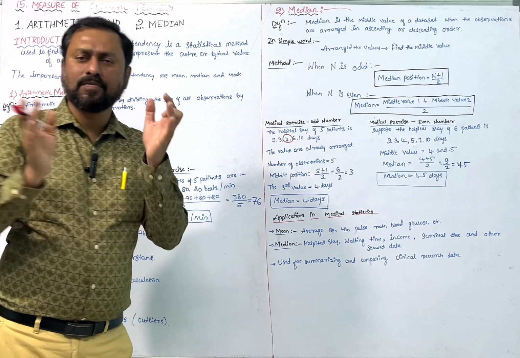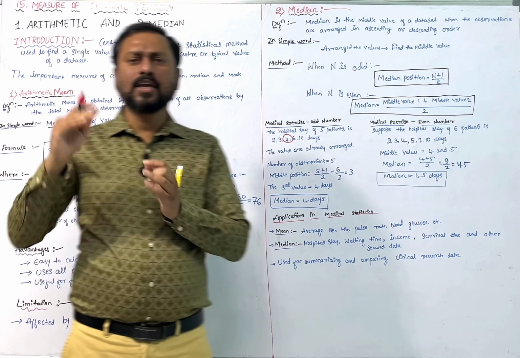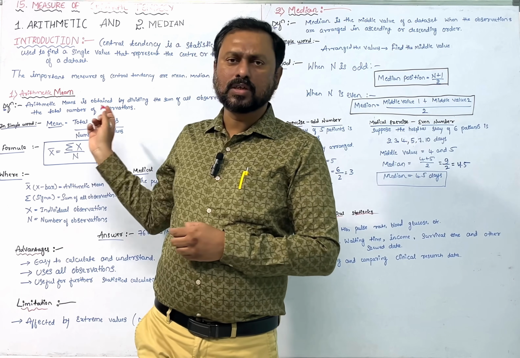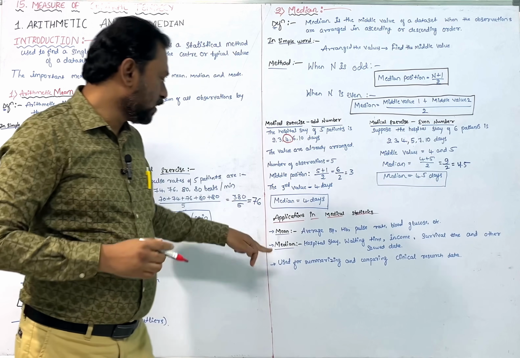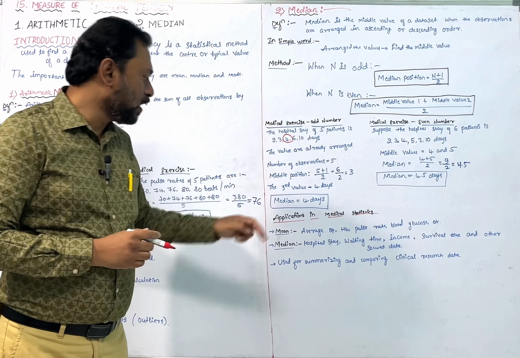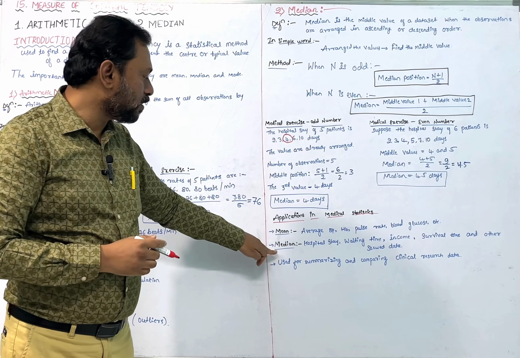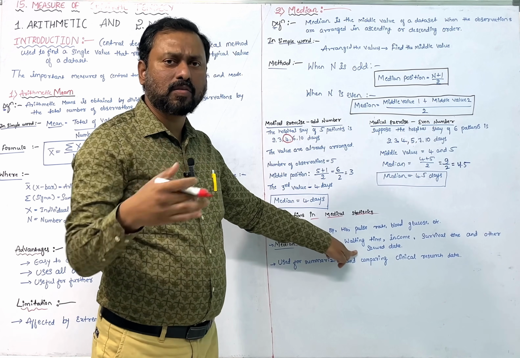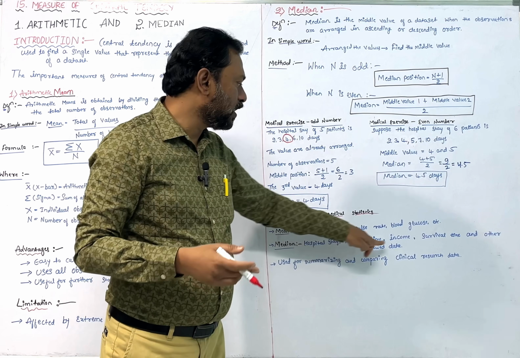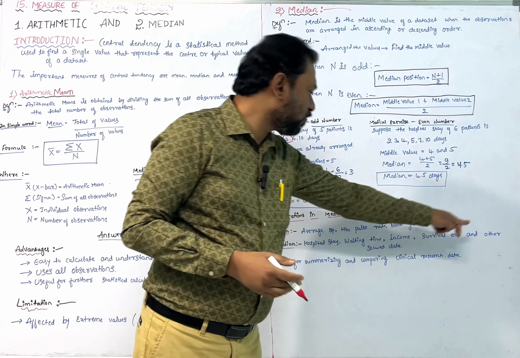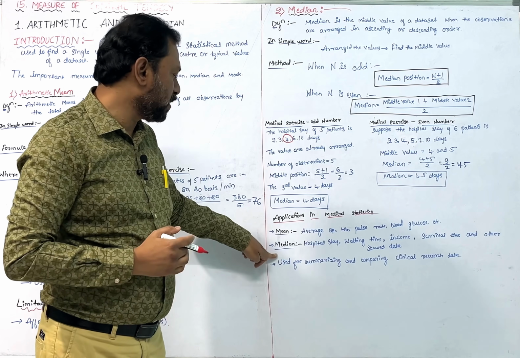For averages we easily use the formula x bar is equal to sigma x divided by n. And if you want to take the median, use it for hospital stay, waiting time in hours or minutes, income, survival rate, that is prognosis, and so on.